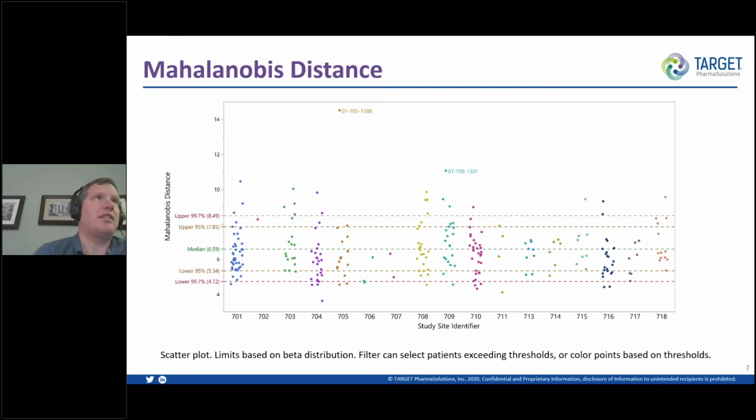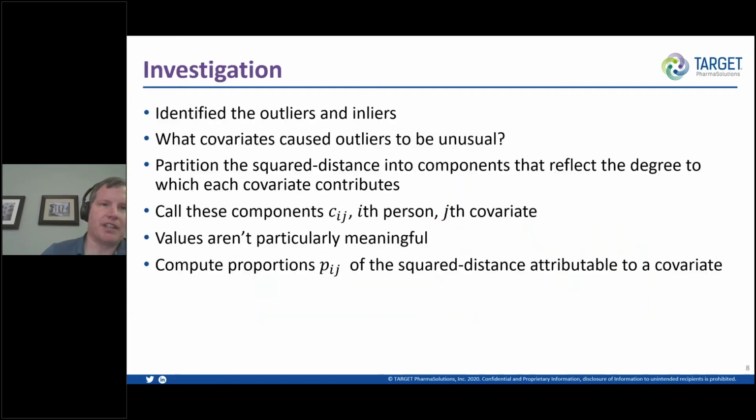So the question then becomes, why are these particular points outliers? A question we were often asked for these multivariate outliers is, this is fantastic, but it's not clear to me why these people are unusual, or how I can better understand why these particular patients are unusual.